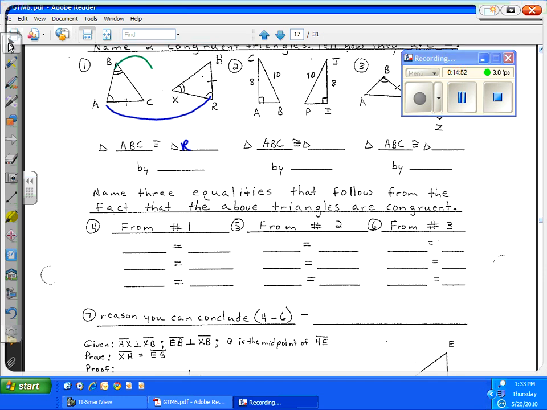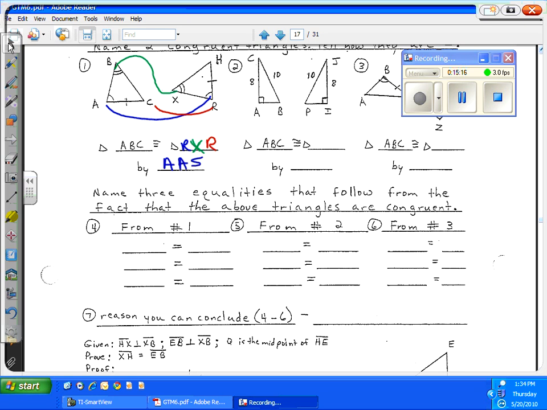We'll do this correctly. B and X both had 2 arcs, and so X goes in the middle. You may have noticed I tried to attach B to H because I wasn't paying good attention, and that's easy to do. And then by default, the C went with the R. We said that they were congruent by angle, angle, side.